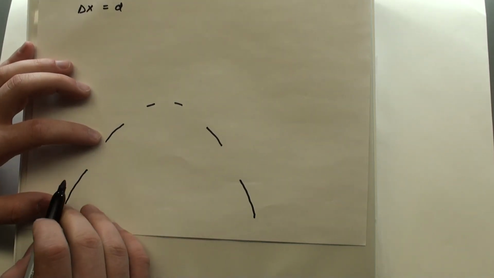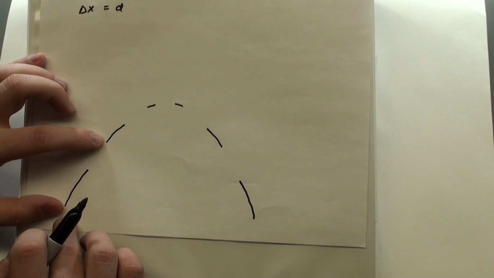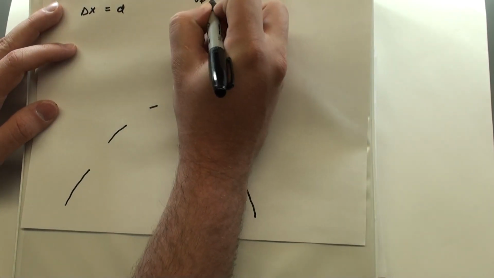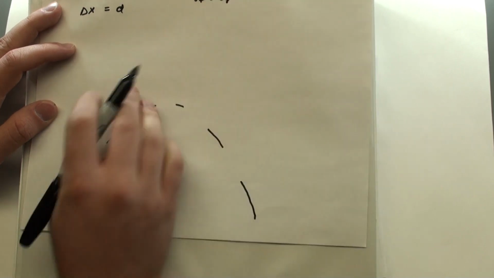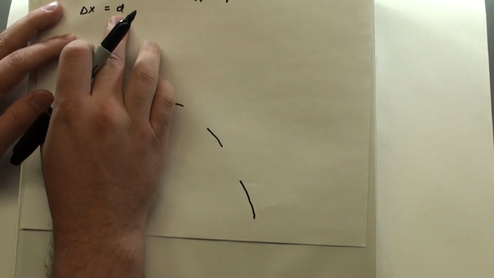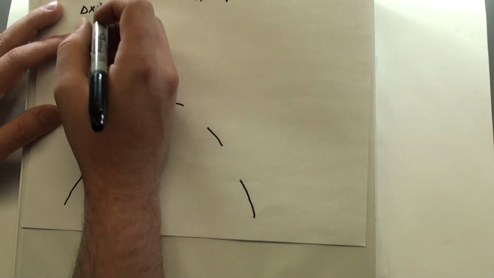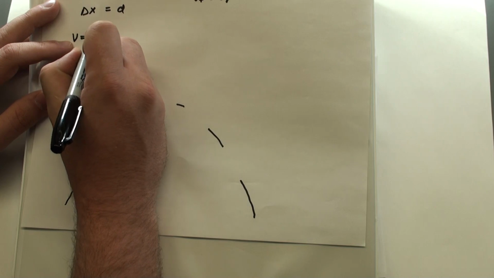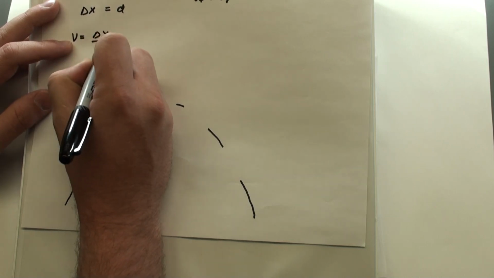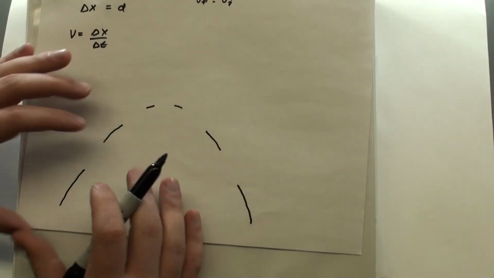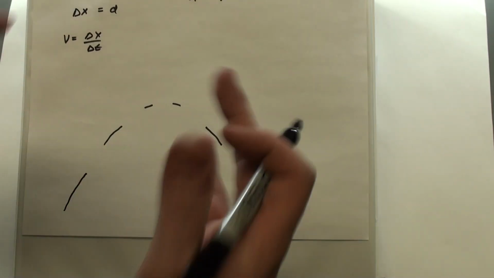Now how we relate that then to our velocity, because we're actually interested in v final minus v initial, right? Well, displacement is just velocity times time, right? So we can write v equals delta x over delta t, where delta t is just whatever time interval it was that this camera was taking pictures at.